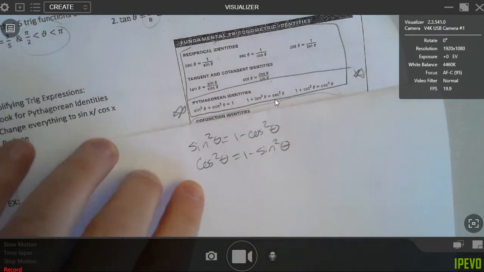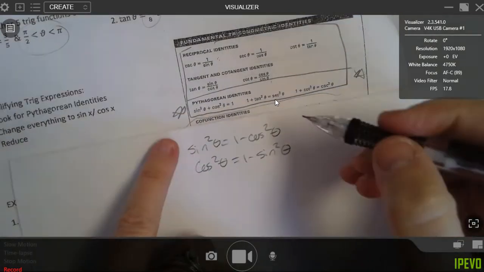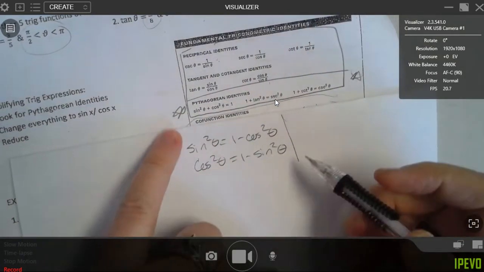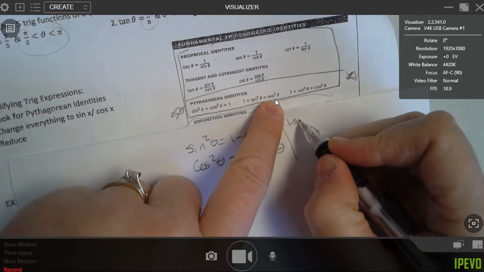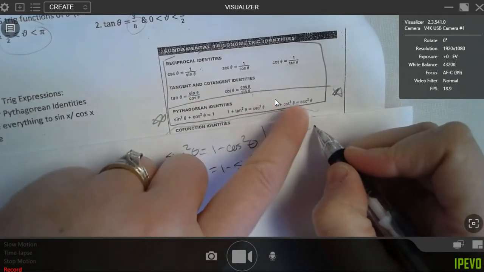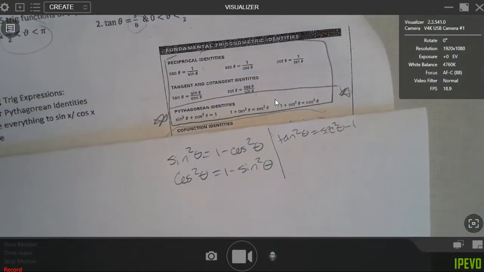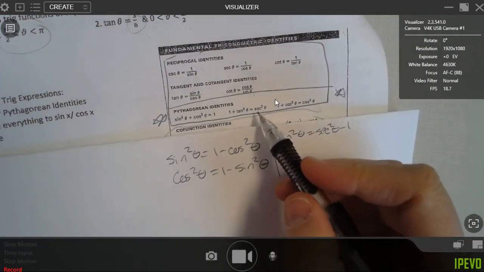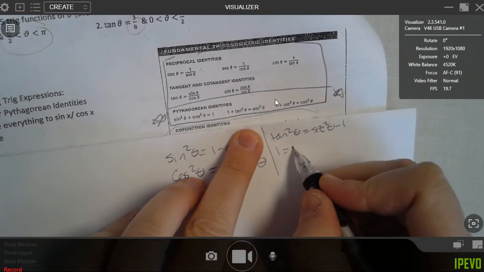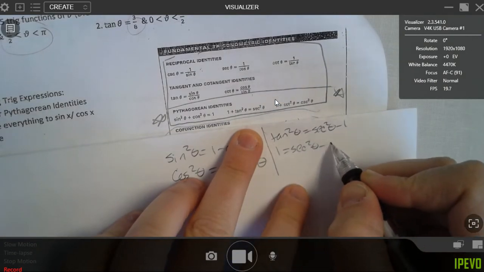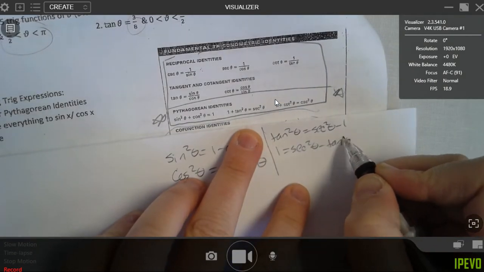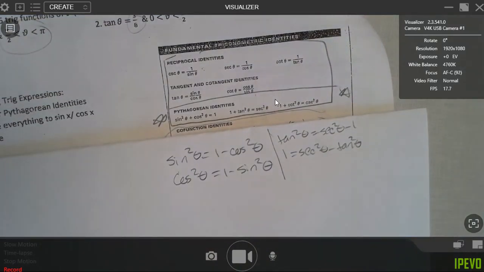So it's just rewriting the rules. So you can do that for all of them. So all 3 of these are equivalent to each other. Just like tangent squared theta equals secant squared theta minus 1. Right here I could have 1 equals secant squared theta minus tangent squared theta, and so on.